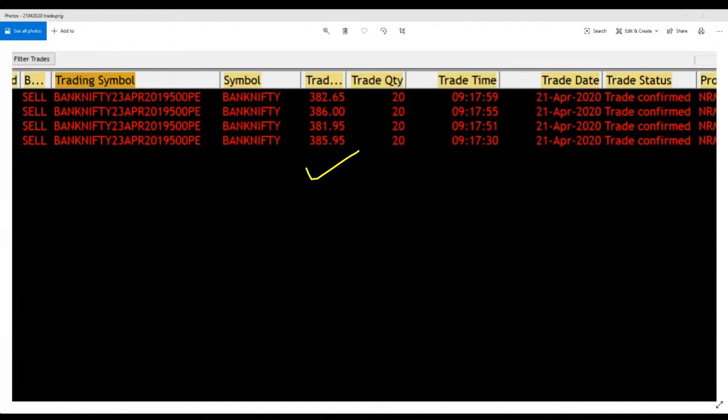I bought another put option, 19,000 strike price, somewhere around 205, and again I exited at 220. So that was a small trade there, but this is the trade which has given me amazing profits. So this is about the last trade in Bank Nifty that has happened.